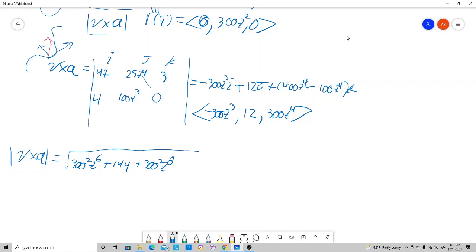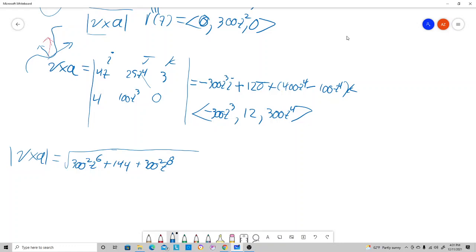Let's simplify this. There's not really much we can do. We can pull out 3, but honestly, this is the best way. We can leave it like this.